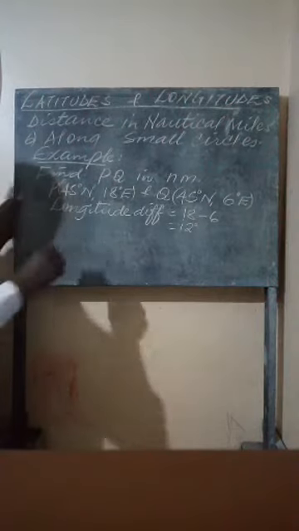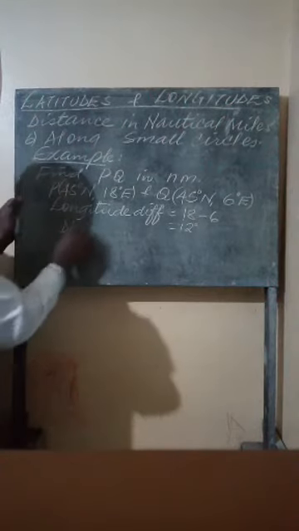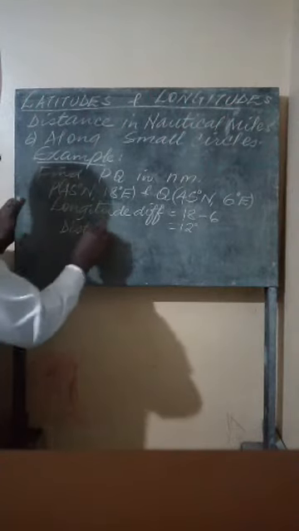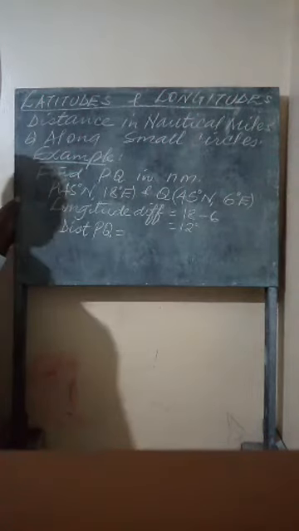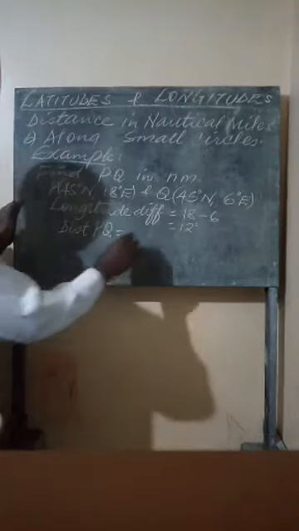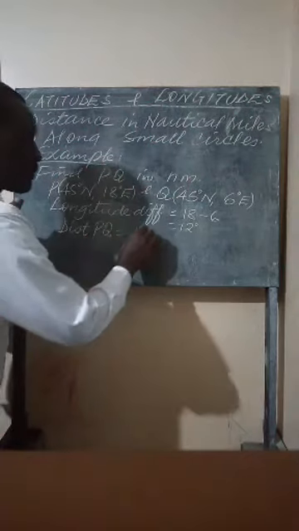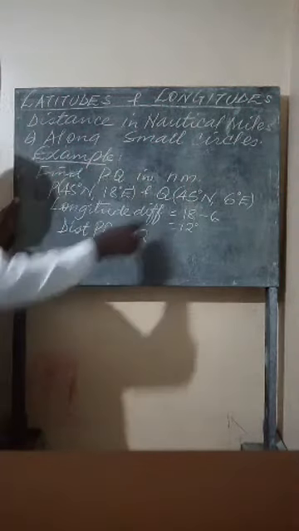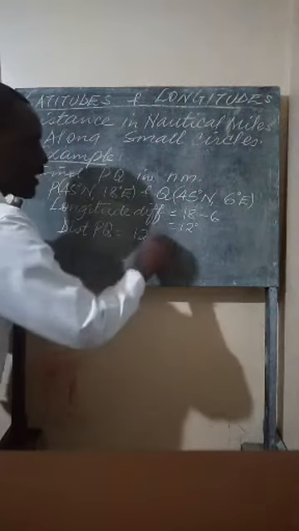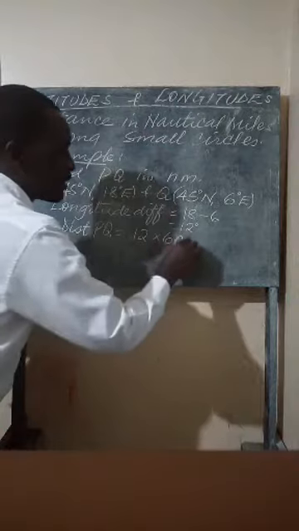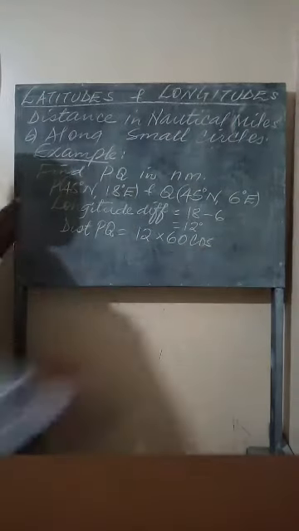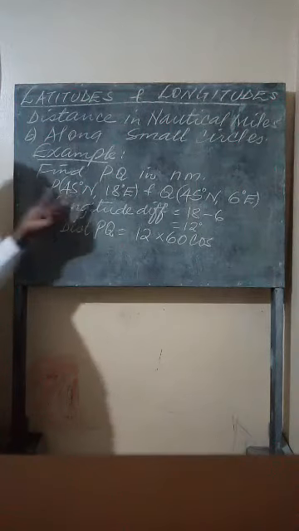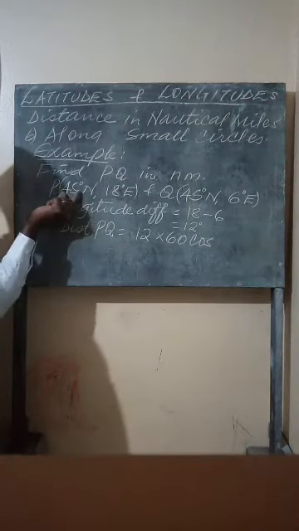So we want now to get the distance from P to Q. We'll simply multiply the number of degrees separating the 2 points by 60 cos of the angle of latitude, and you can see that our latitude is 45 degrees.